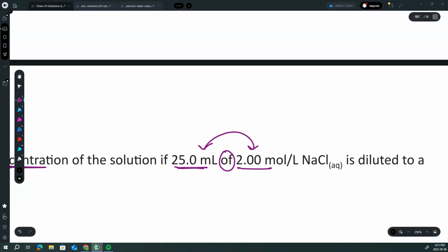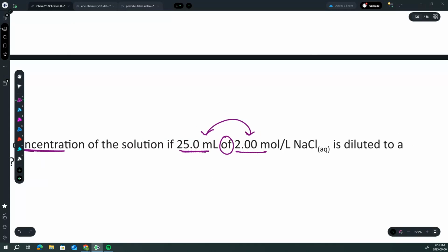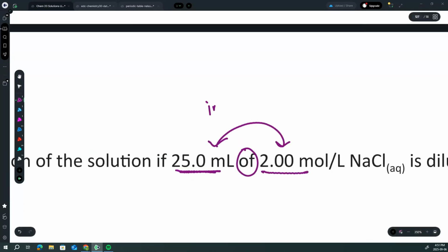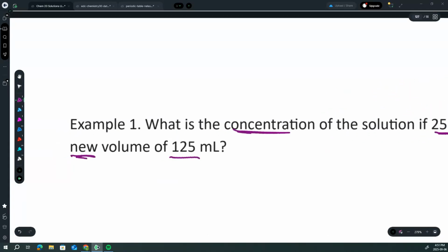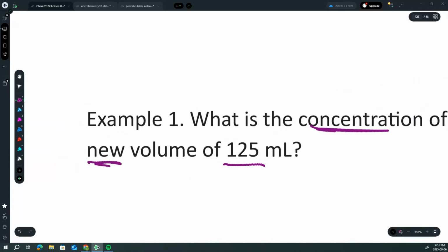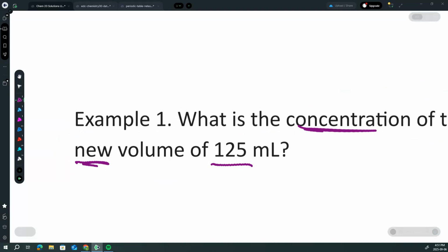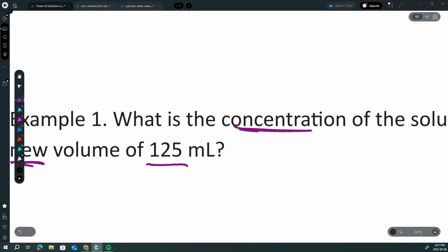Okay, and since we're saying if we take 25 milliliters of a 2 mole per liter solution of sodium chloride and we're diluting this, it makes sense that this should be our initial solution. We're diluting it so that it creates a new solution that has a volume of 125 milliliters, and we're asked the concentration of that new solution.